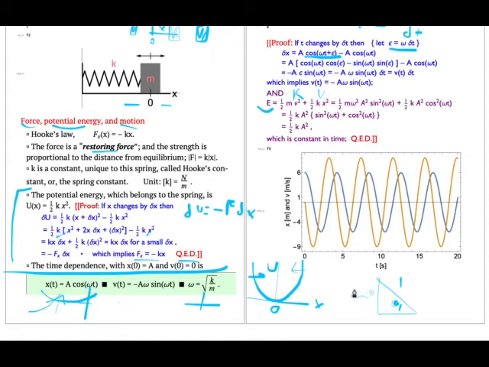Because the definition of sine theta is the opposite over the hypotenuse. You know the trigonometric mnemonic, you probably learned this in high school, soh cah toa.